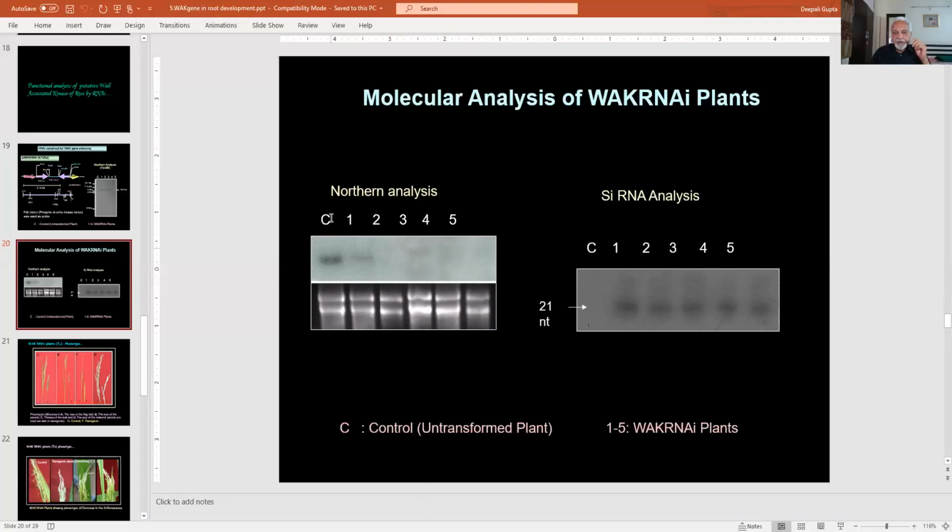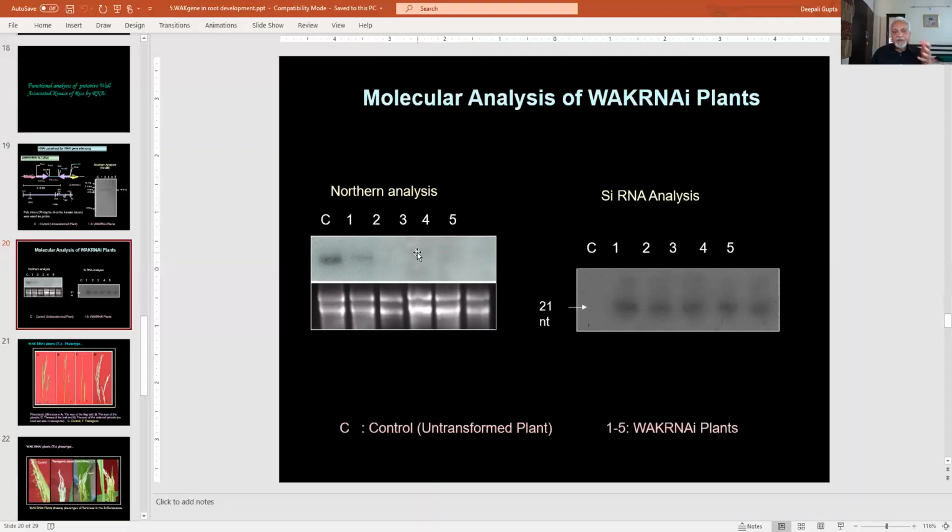So you can see in the control plant, the presence of transcripts by way of the probe hybridizing here. But if you see in transgenic lines, except this, which showed a little bit of expression, none of the 2, 3, 4, 5 lines show any expression actually.